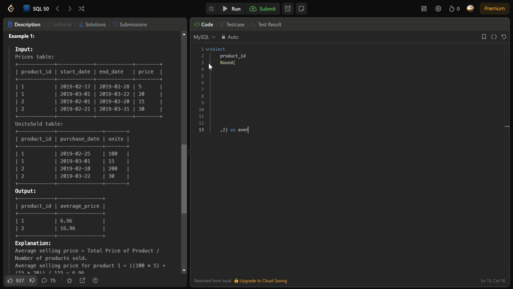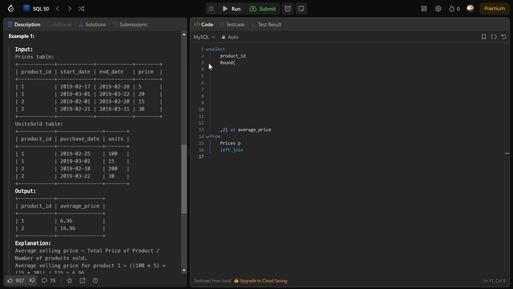First, let me join this table. This one is the average price. From which table? From the prices table. That's P. We use a left join because we want every record from the prices table.